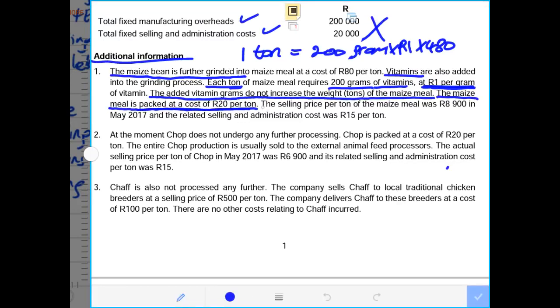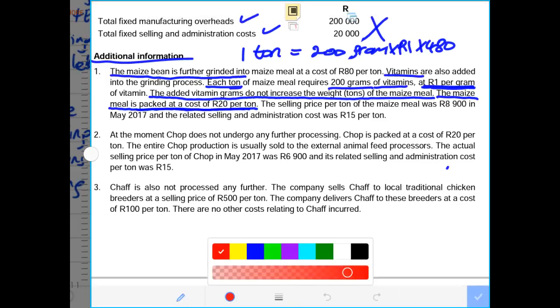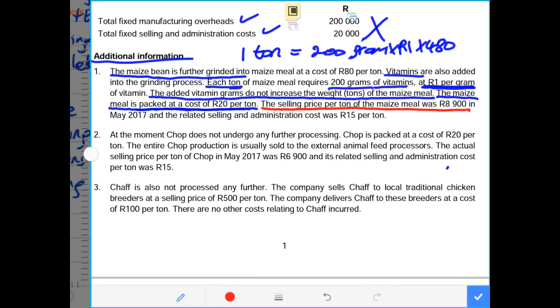Then it says the selling price per ton of maize is 8,900. So let us hold that. I will use it a bit later. Very important to take note of it, because we'll need the selling price when we're calculating our net realizable value, because we're instructed to split our joint cost using the net realizable value method.